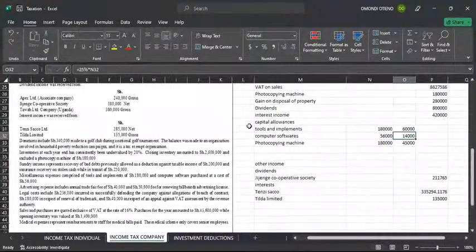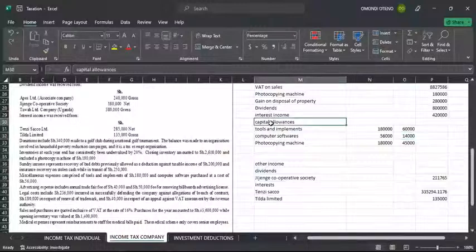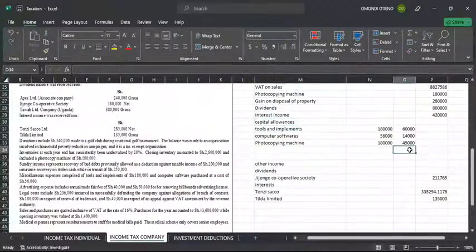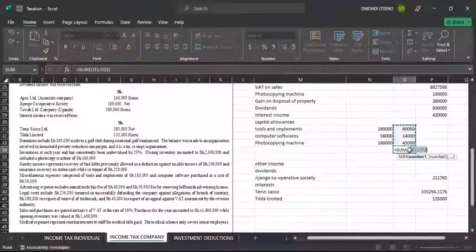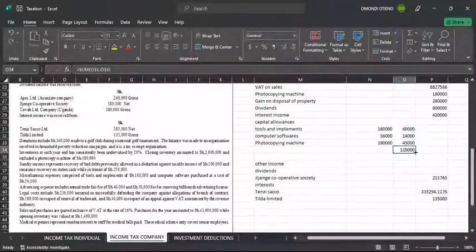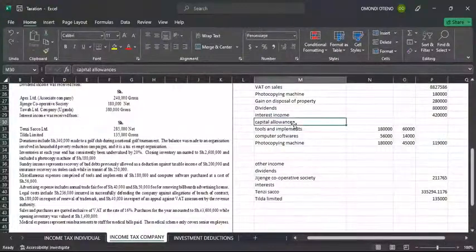So it means the capital allowances which are allowed to be subtracted to reduce your taxable profit is going to be the summation of these three figures here. That is the total capital allowance.